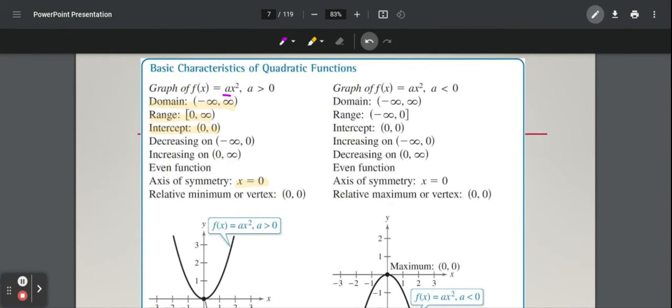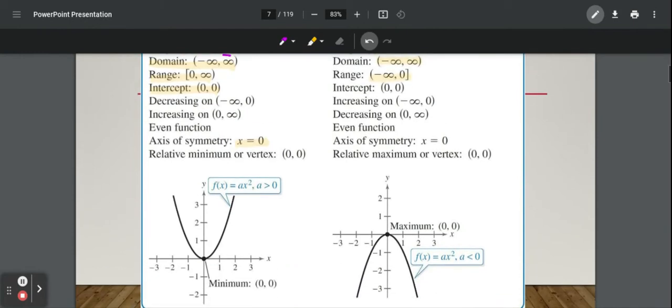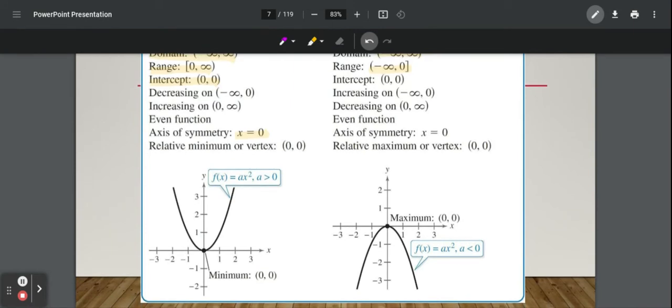So then if your a value is less than 0, your domain is still all reals, but this time your range is negative infinity to 0 since your parabola is opening down. It's still an even function. You still have that same axis of symmetry and that same vertex.